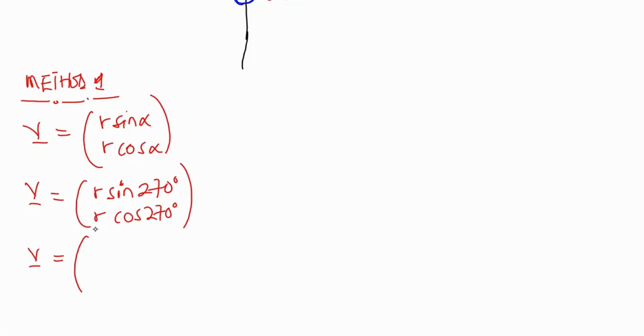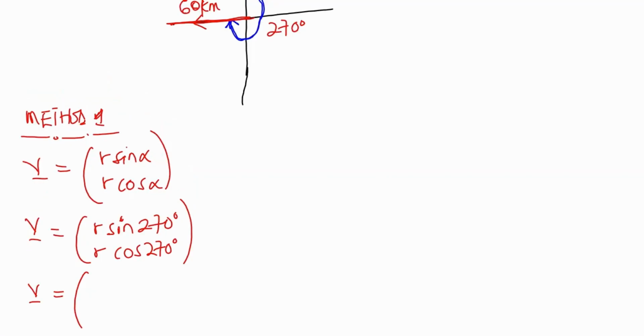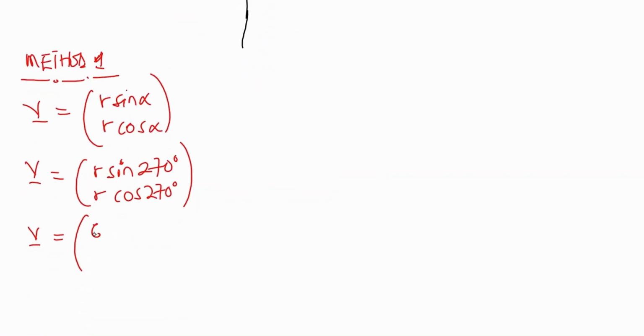We forgot that one. So we know r was giving us 60, so it means we have 60 sine of 270, which we should have included in the second step. So 60 cos of 270.